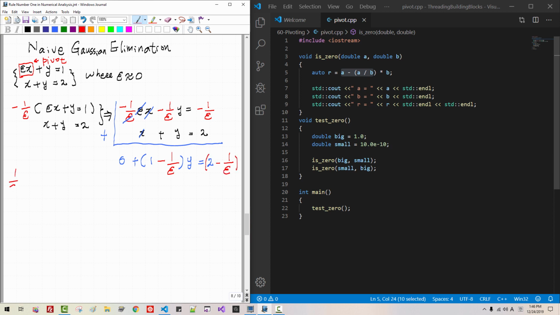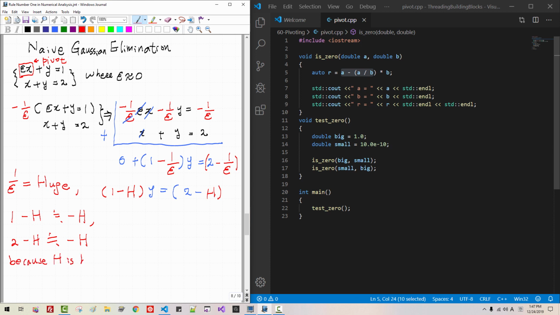1 over epsilon is a huge number. Call it h. So (1 minus h) y equals 2 minus h. 1 minus h is again approximately minus h, and 2 minus h is again minus h, because h is huge.